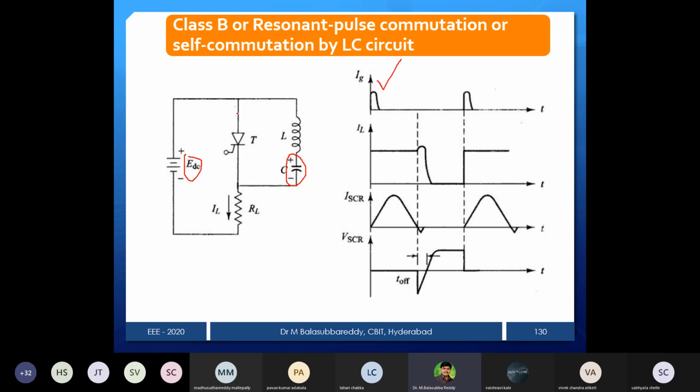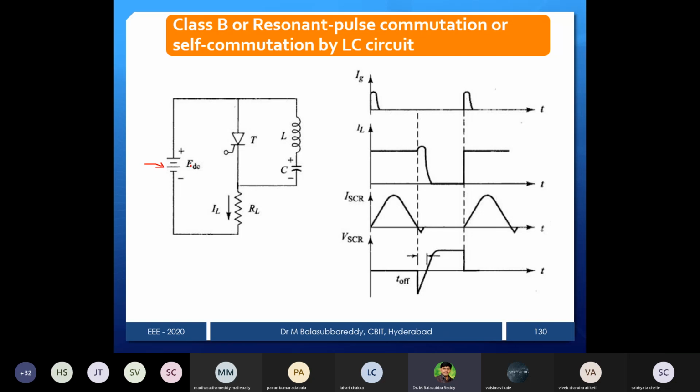So now the thyristor is turned on. Then what will happen? Anybody? Try to understand step by step. First mode of operation, supply is given, or mode 0, you can say. Once the supply is given to the circuit, the capacitor is charged. So the path will be VDC plus, L, then C plus, C minus, then RL to VDC minus.